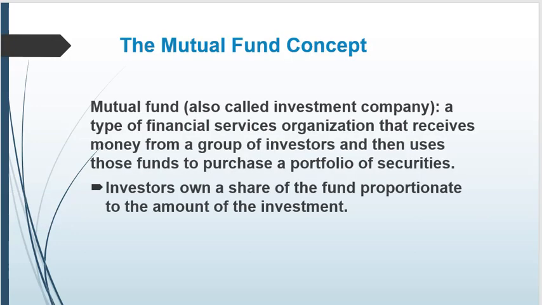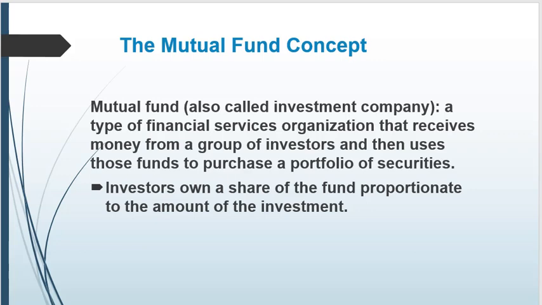So a mutual fund is a type of organization. It gets money from a group of investors and uses that to fund a portfolio of securities. So when you buy a share of one of these corporations, you are buying a proportionate amount of that investment.